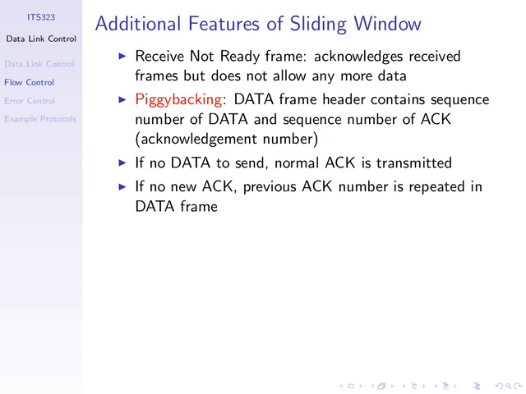We'll see many protocols use this concept. When we look at TCP in detail, it uses piggybacking, or it allows you to use piggybacking. Any questions on that before we go back to the more detailed example of sliding window?